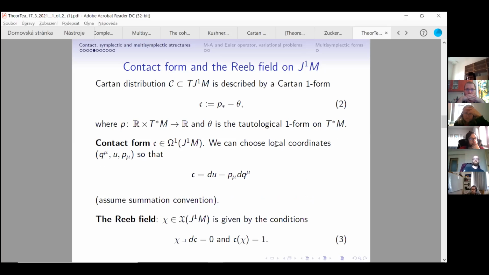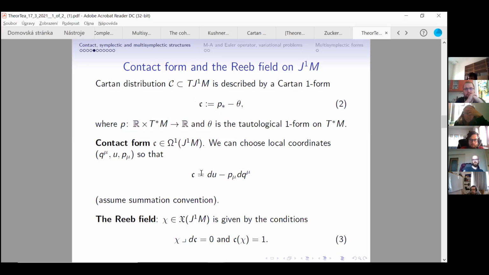Yeah. So, but notice that the Cartan distribution of J1M is described by something which is given canonically. We have a canonical identification of J1M with R times T star M, and we have the projection on the first factor. And then we also have a tautological one-form on T star M. And if we consider this guy, then that's in fact a contact form.